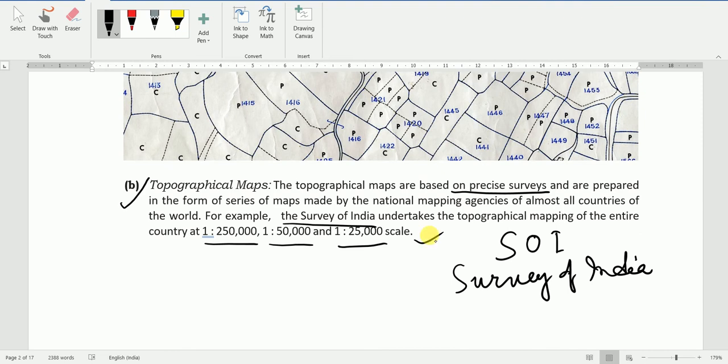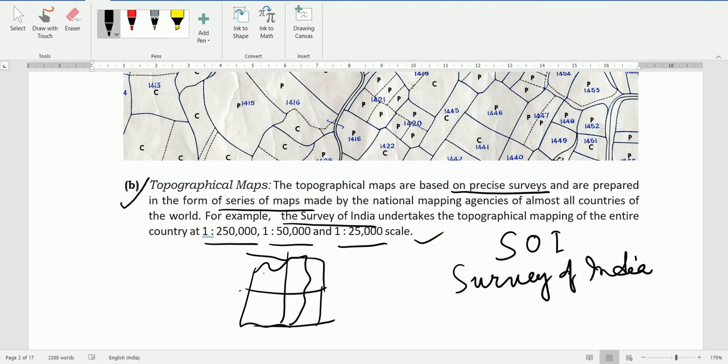Here, see, a series of maps. Actually, Survey of India does not prepare the map for the whole country on one sheet of paper. They are preparing these maps for different parts of India in small sheets, and all these sheets will be combined together. For example, here we have Manipur. This is the map of Manipur, and the Survey of India is dividing it into different sheets.